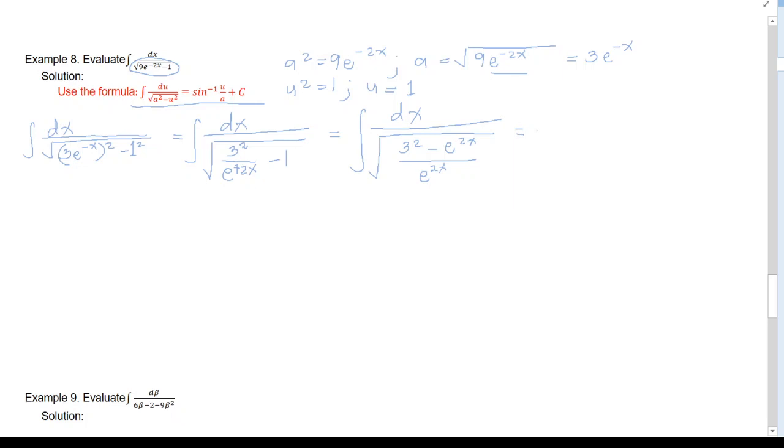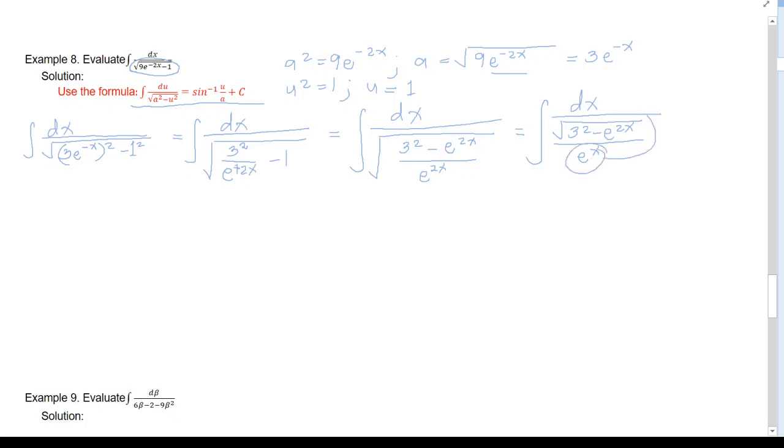Okay, so that is also equal to the integral of dx divided by, since the square root of e raised to 2x is e raised to x, we bring out that one. So that is already the square root of 3 squared minus e raised to 2x, and that is already divided by e raised to x, and we get the reciprocal for this one.